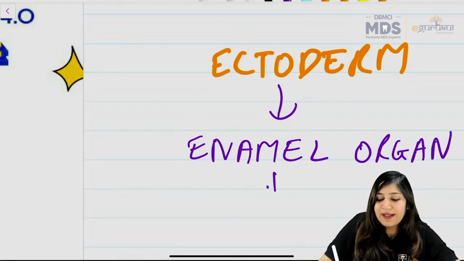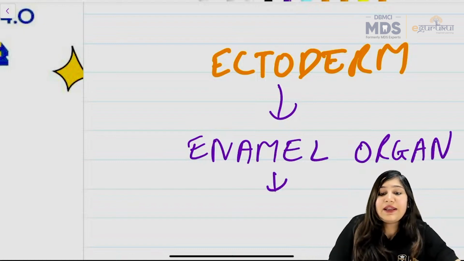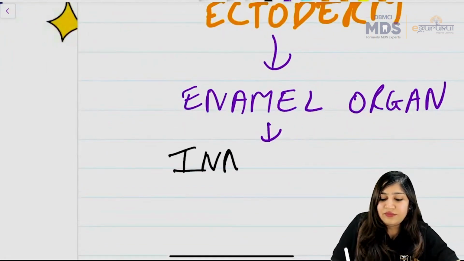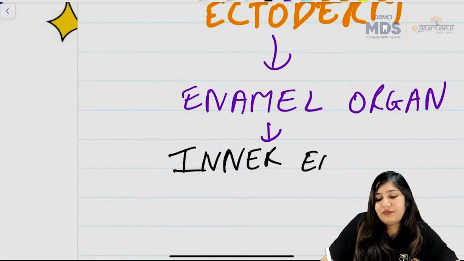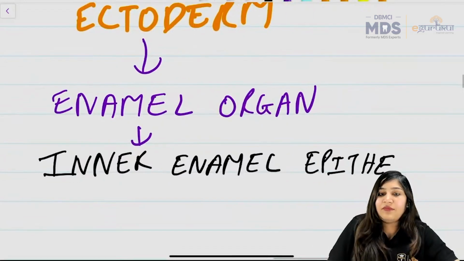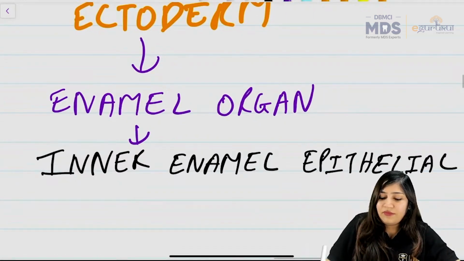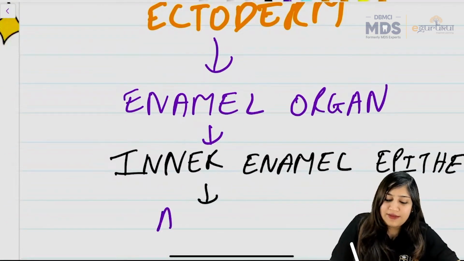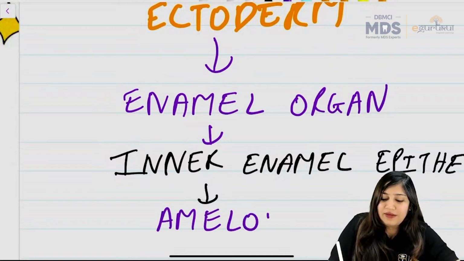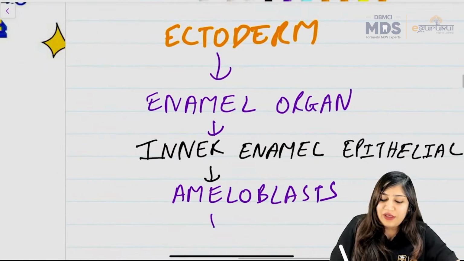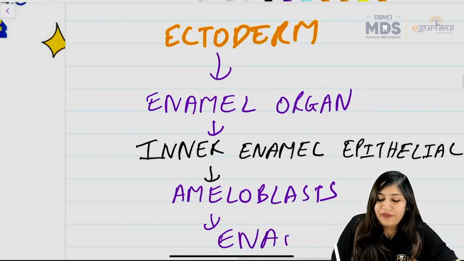This enamel organ has inner enamel epithelial cells, which differentiate into ameloblast cells and lead to the formation of enamel, right?